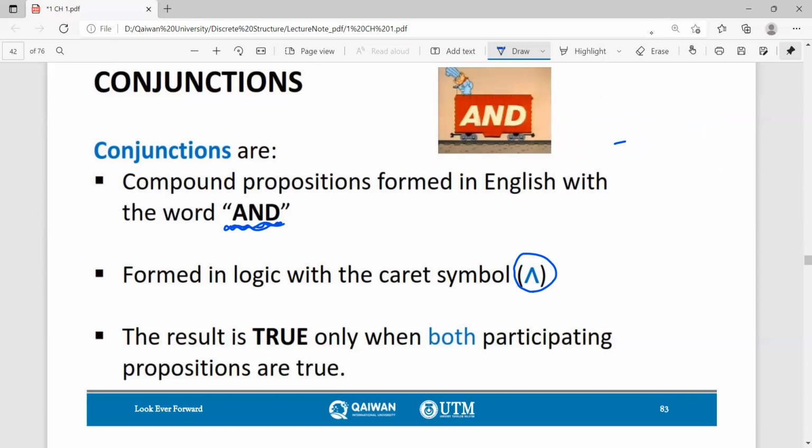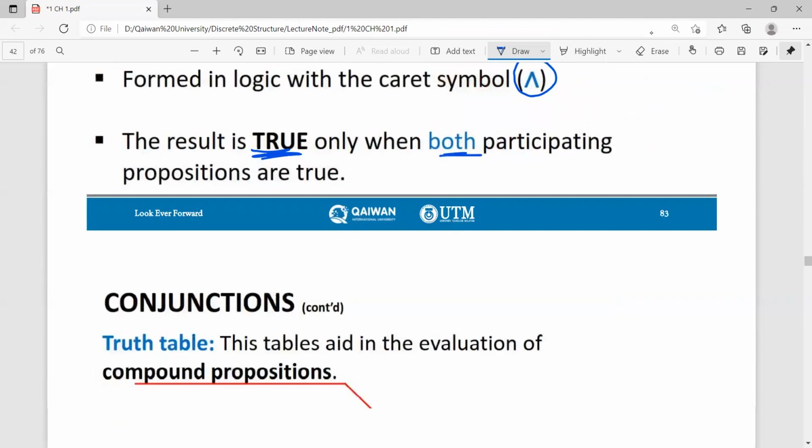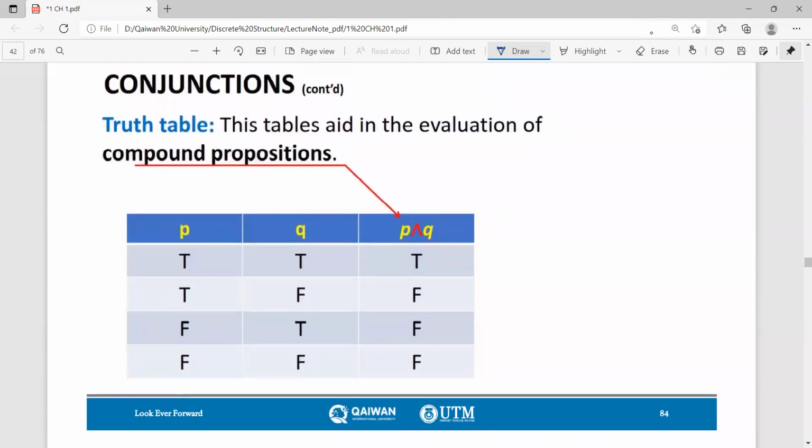So here we say the result is true only when both participating propositions are true. Now you have truth table. This table is called truth table. If you have two different propositions, let's say we name the first one to be P, the second to be Q. How do we write down these true, false, true, false?